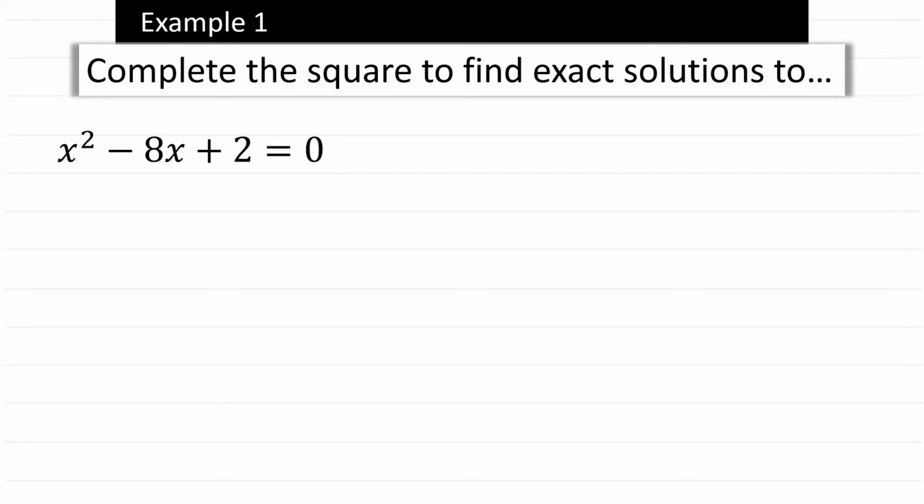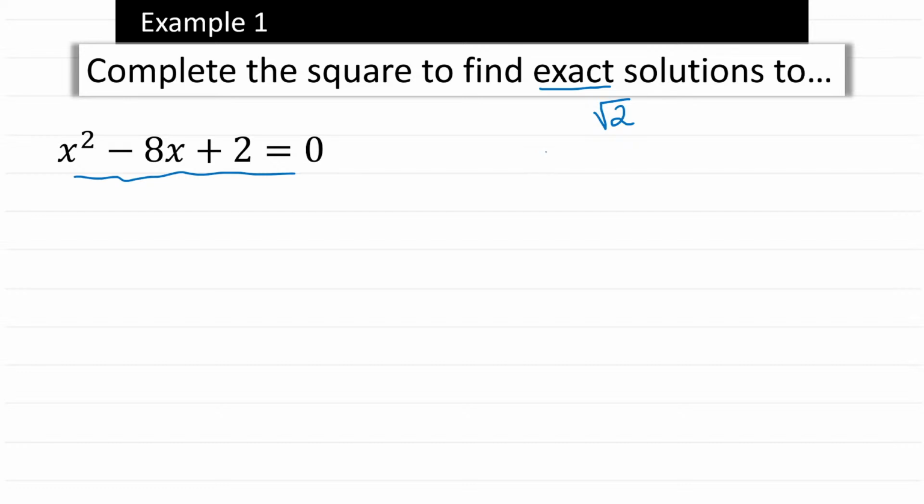All right, so here is a question. It says complete the square to find exact solutions to this one. So this word exact solution means you need to give the answer in radical form, surd form. If, for example, you got square root of 2 and then you decide to go on a calculator and give it as 1 point something something, that is not an exact solution.